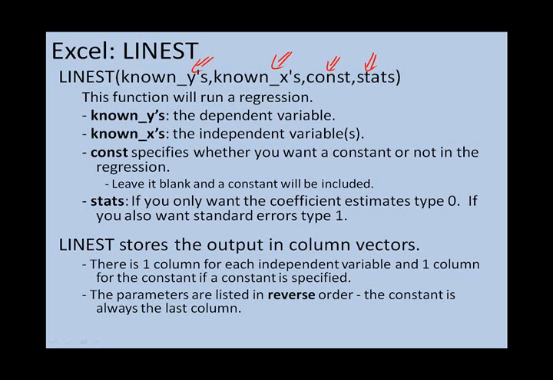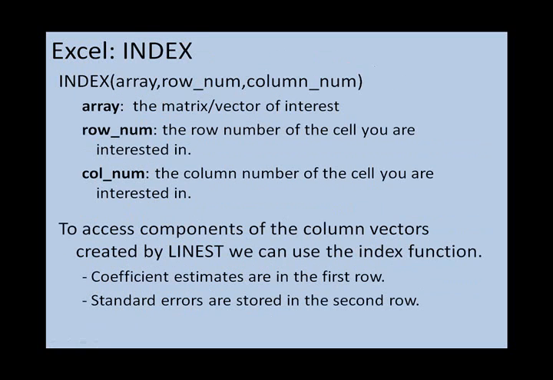LINEST is one function that's useful to help us test the CAPM. A second function that is also very useful is the INDEX function. The INDEX function allows us to access components of the column vectors created by the LINEST function. We want to access, for example, the value of the intercept and the standard error of the intercept.